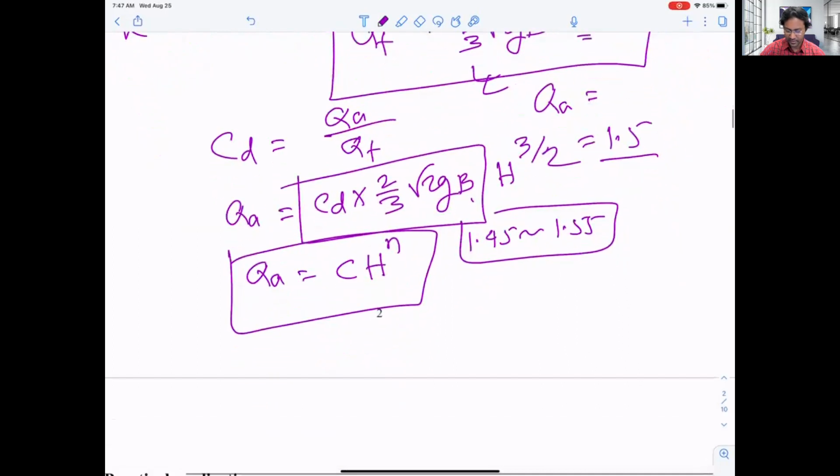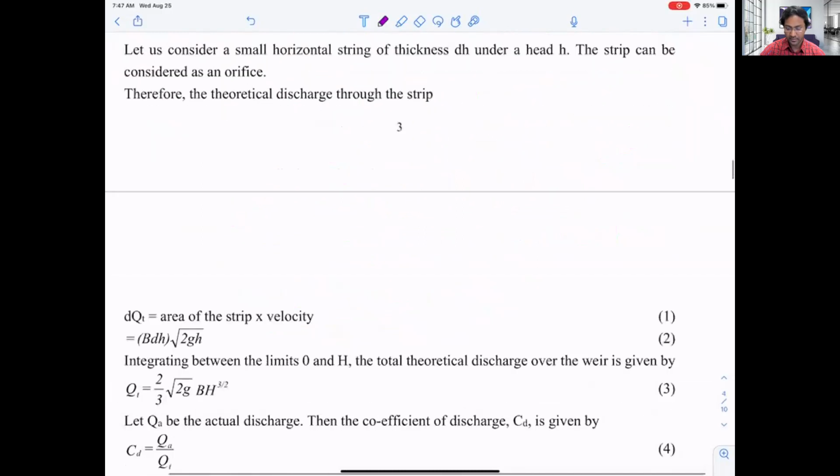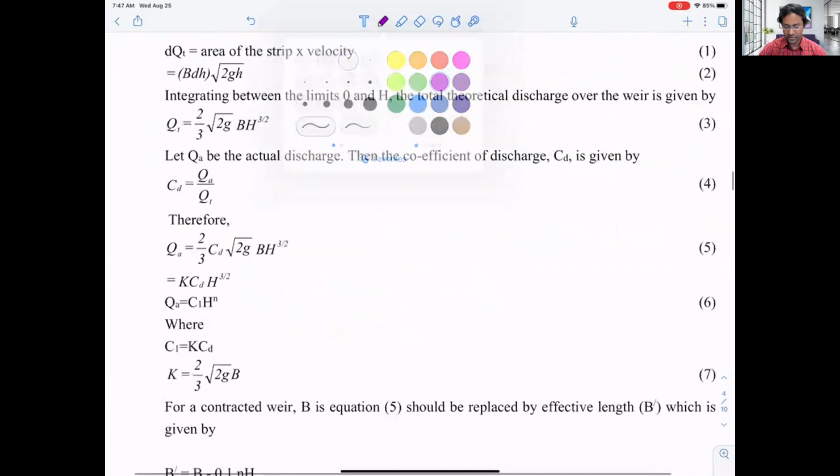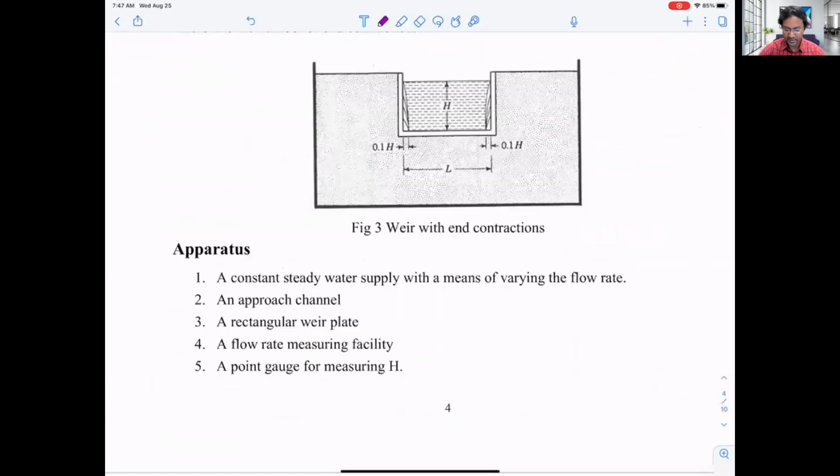Okay, so let me quickly show you that. I just mentioned this one. If we have any weir, that is the length of the weir. If the width of the river is this, and the length of the weir is less than that, then we'll have end contraction.